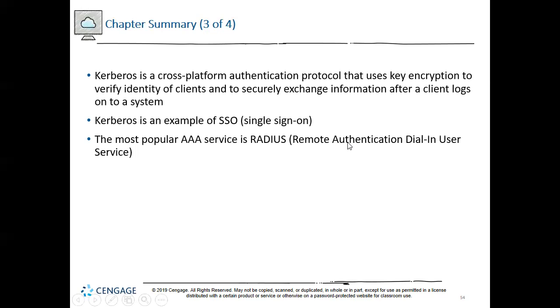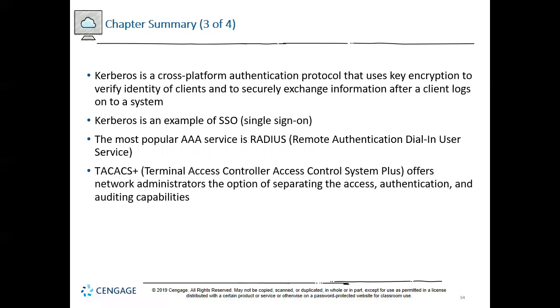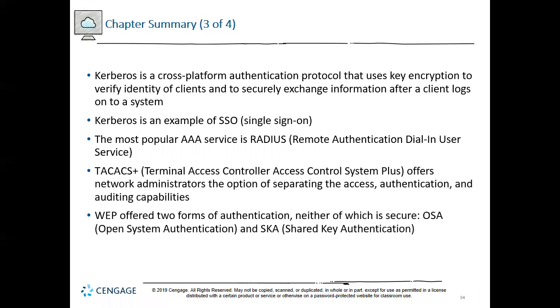Remote authentication would be allowing you to get in and maybe make a VPN connection to your network. What's that one? Terminal Access Controller Access Control System Plus. Well, I can tell you that's not coming up in the exam. WEP, on the other hand, might be.